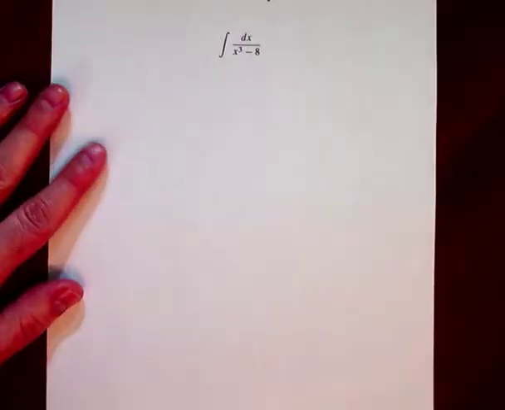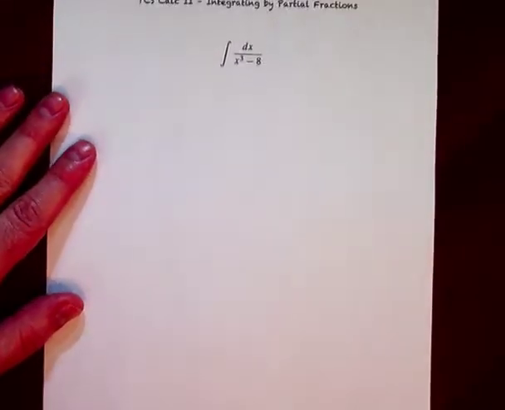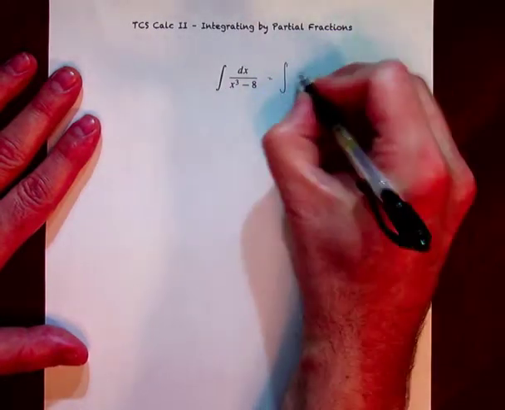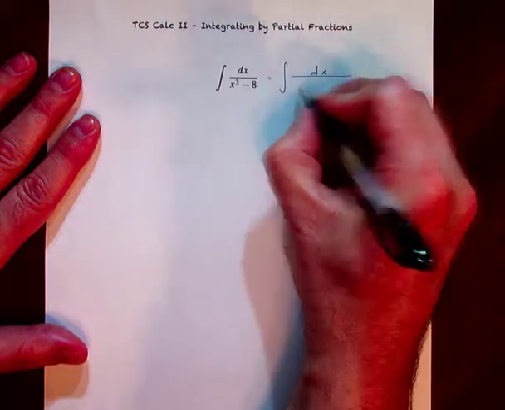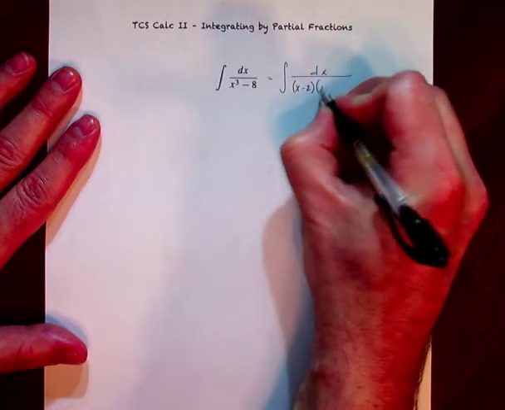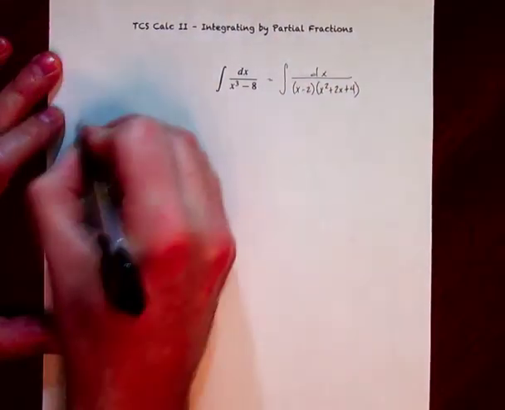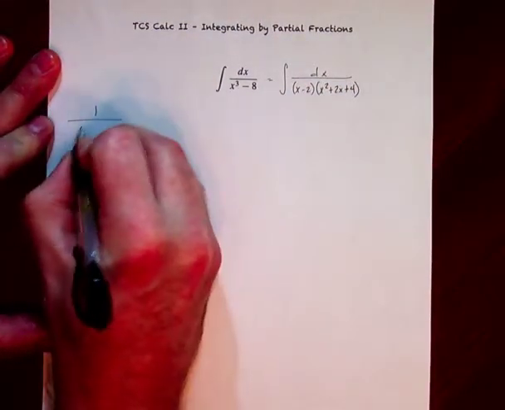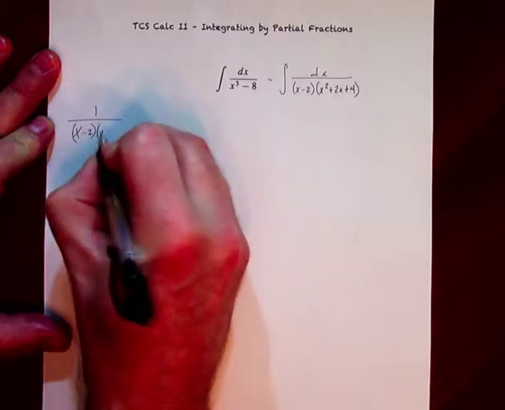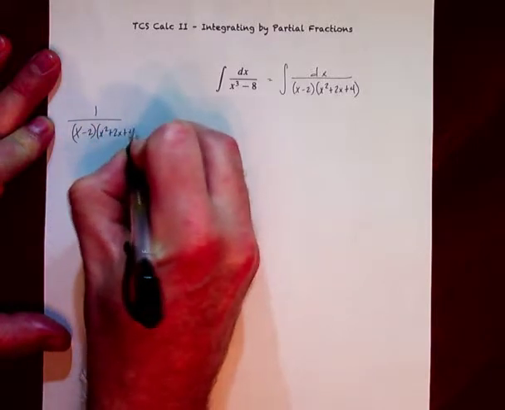Let's not dilly-dally. Now this one, not factored, but easy enough. It's the difference of two cubes. And I'm left with dx, x minus 2, and x squared plus 2x plus 4. Okay, let's go ahead and do the decomp. We get x minus 2 and x squared plus 2x plus 4.